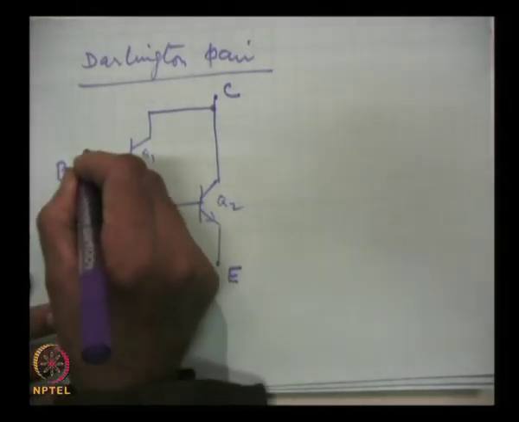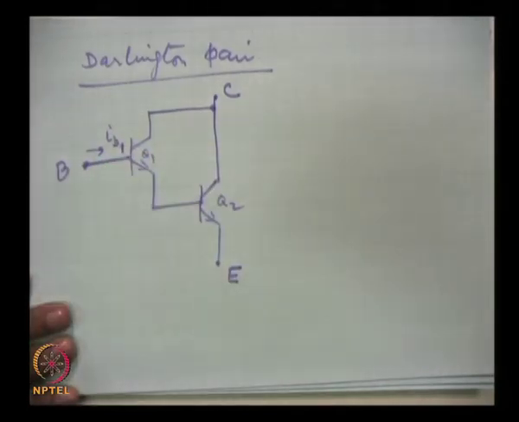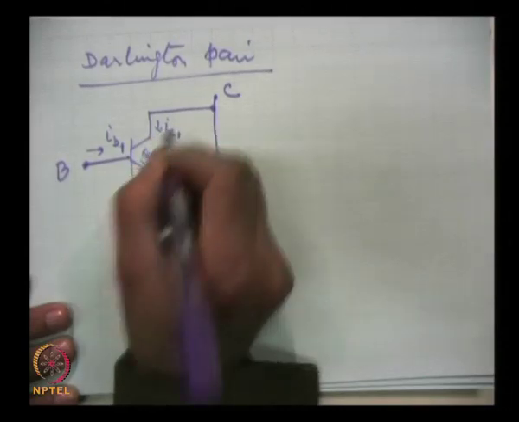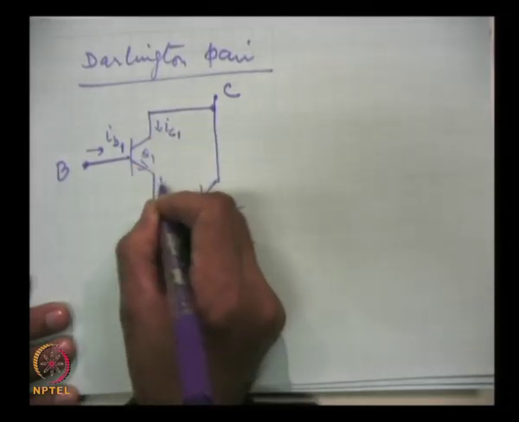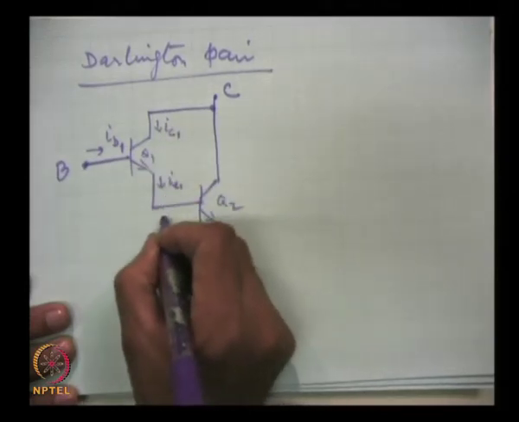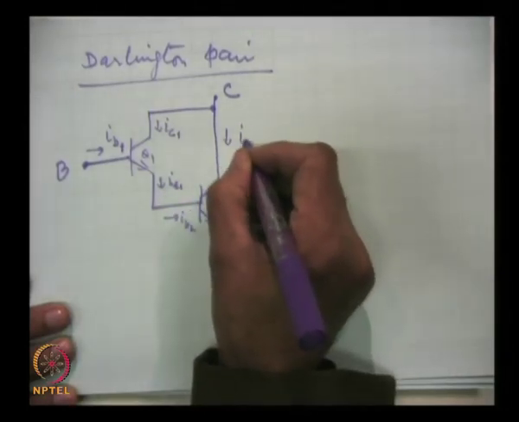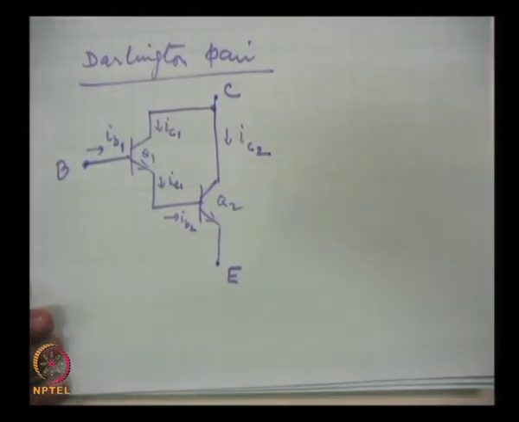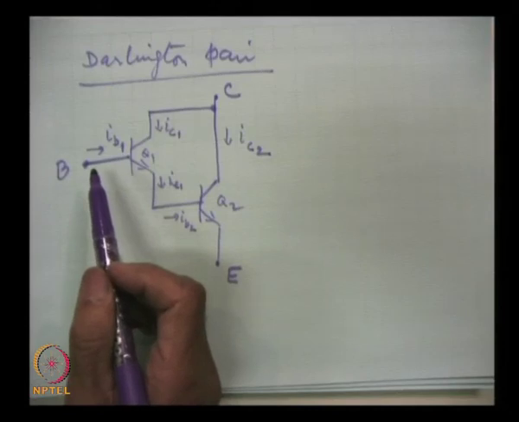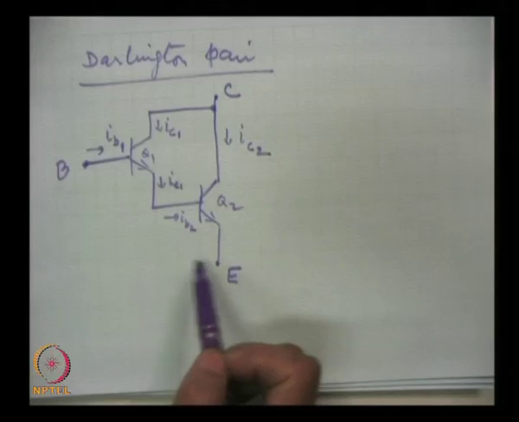And here the current IB1 flows, and this is IC1, this is IE, which is same as IC1, and the same current becomes IB2, and here it is IC2. As I said, this is enclosed in a single packaging, and the three leads like a transistor are available.